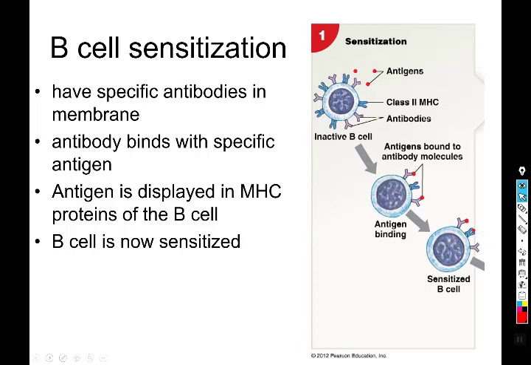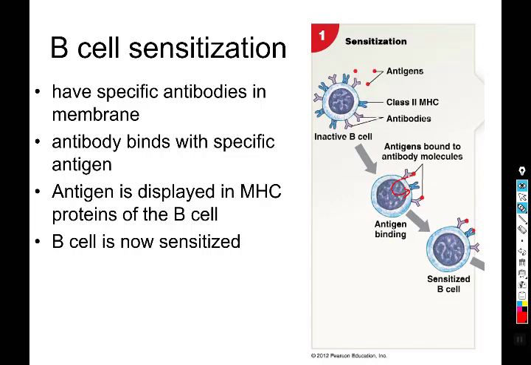And that antibody, as per the specificity of the binding site, is going to bind to a specific antigen. So then the antigen is going to end up being taken into the cell and moved into a class 2 major histocompatibility complex. So remember, antigen-presenting cells and lymphocytes specifically express class 2 MHCs.